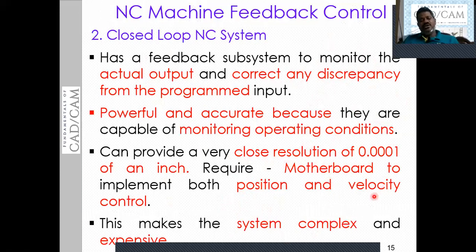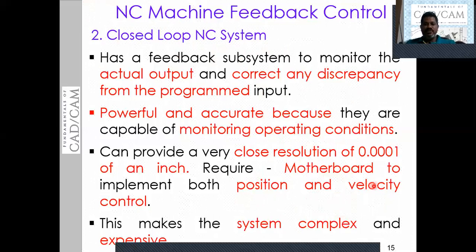But the velocity of the spindle will also be taken into consideration. The peripheral velocity of the spindle will also be adjusted according to the type of material in the case of the closed loop NC system. This is also one of the very good features of the closed loop NC system. Not only the displacement, but in turn, this closed loop NC system is also going to adjust the velocity of the spindle.